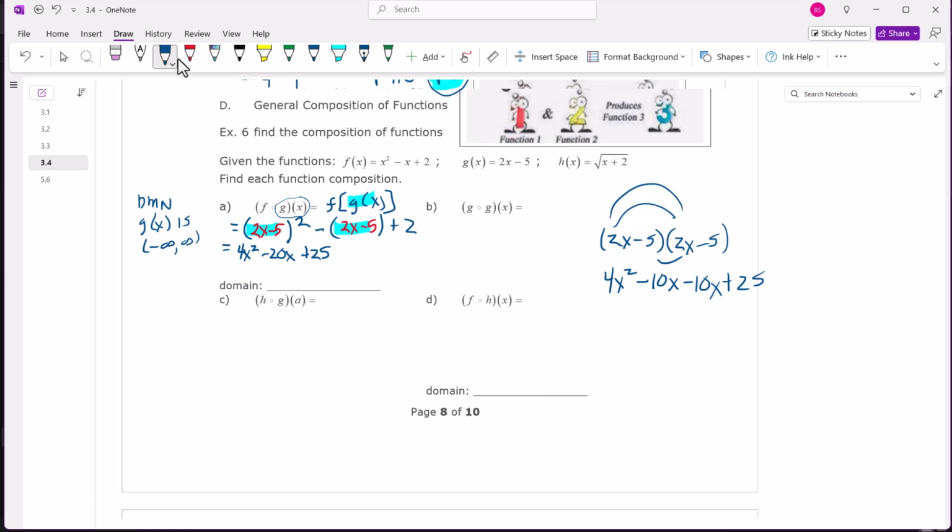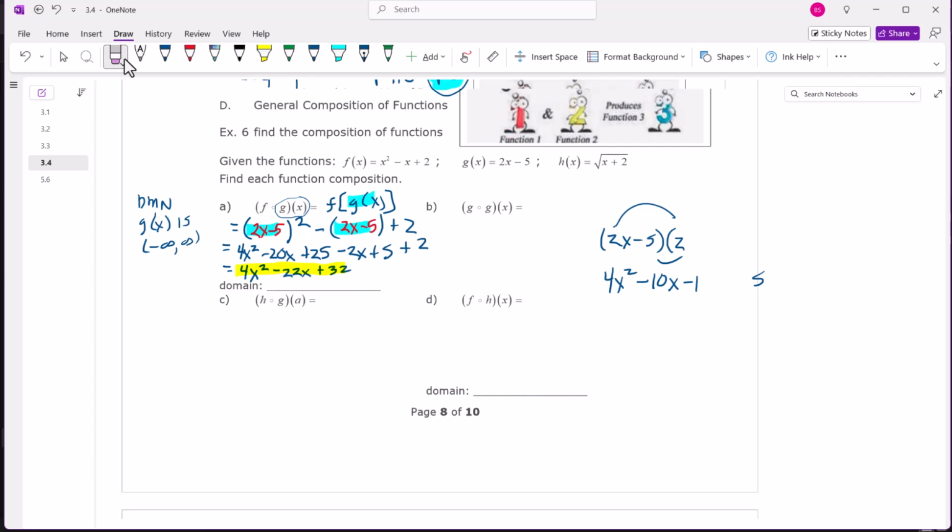Then distribute the negative to get minus 2x plus 5 plus 2. Then we can put this together, combining like terms. We would get 4x squared minus 22x plus 32. So that would be the composition of that function.